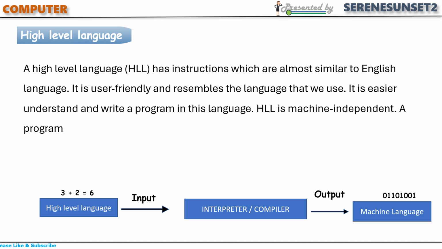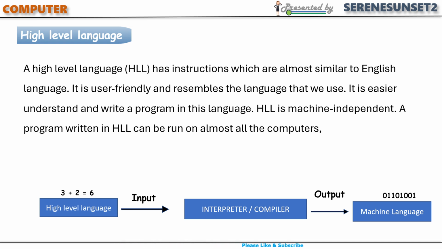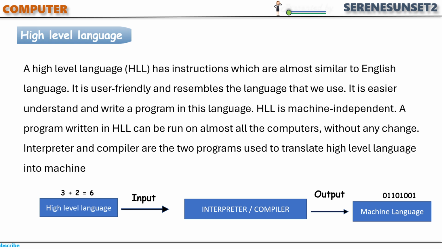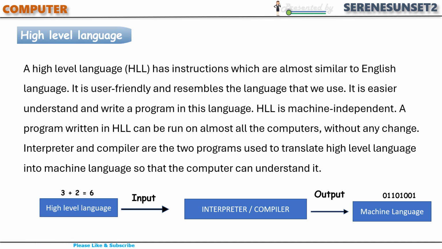HLL is machine-independent. A program written in a high-level language can be run on almost all computers without any change. Interpreter and compiler are the two programs used to translate high-level language into machine language so that the computer can understand it.